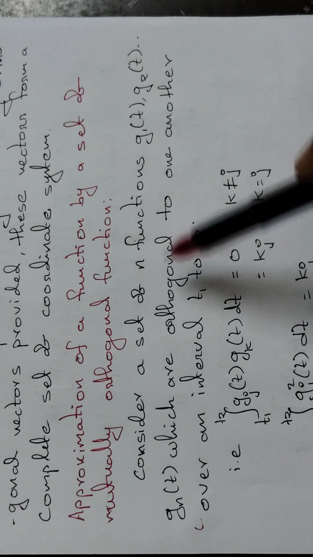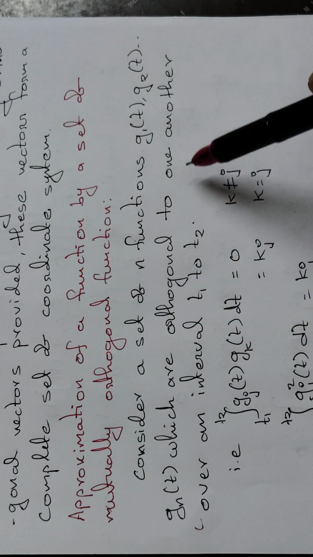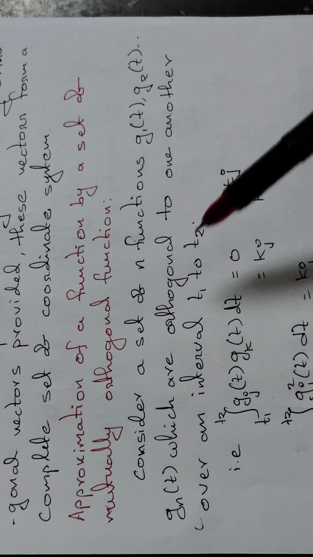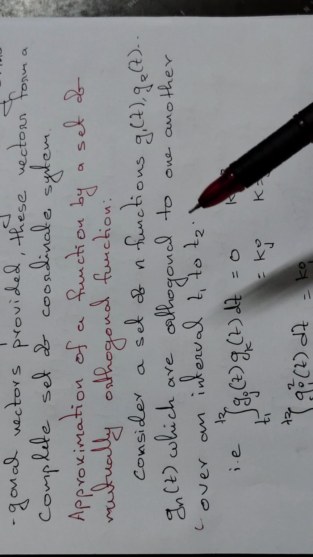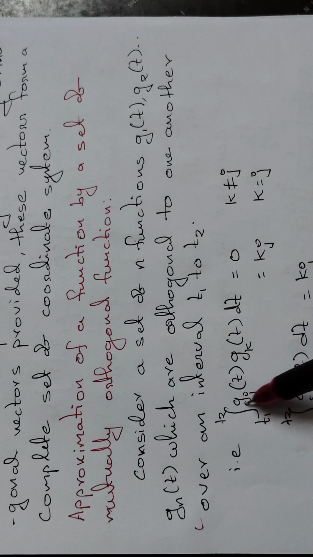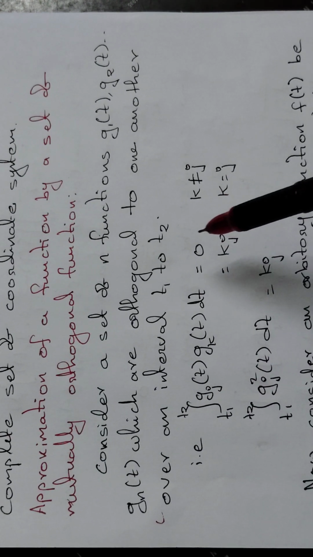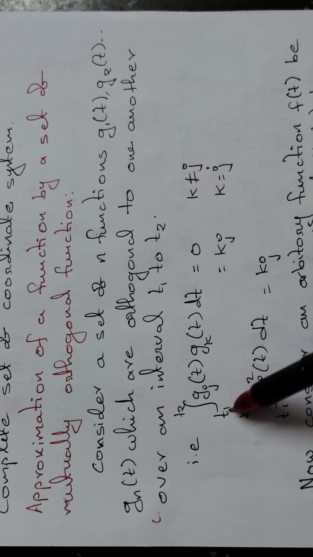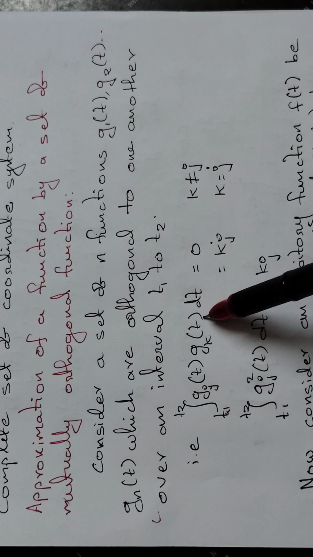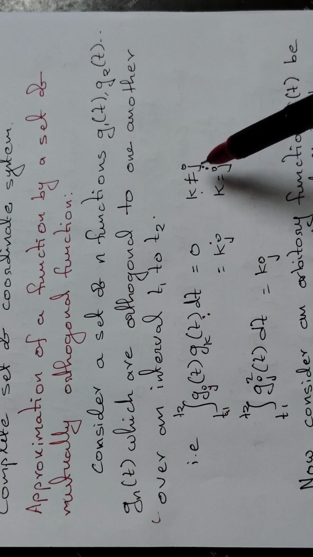So here these n functions are orthogonal. What does orthogonal mean? Integral of gj of t and gk of t dt is equal to 0 when k is not equal to j.